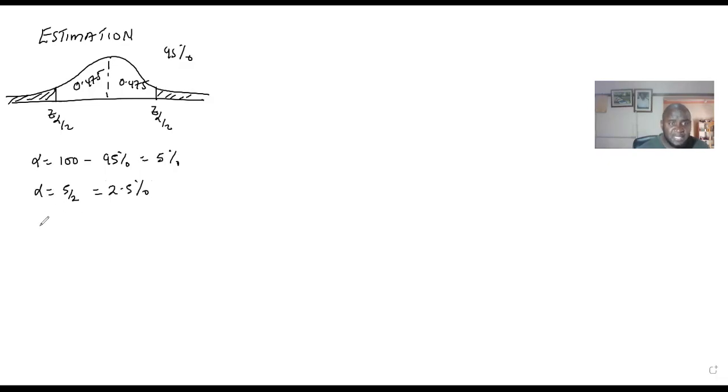So the probability of alpha over 2 is going to be 2.5 out of 100, which is 0.025. So this side is 0.025, and this side is 0.025. We shall be using this Z alpha over 2.